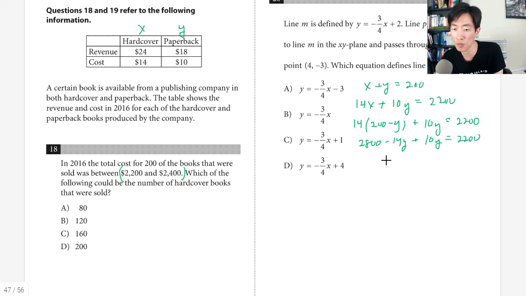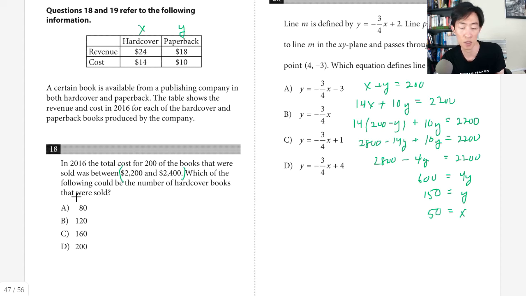Simplify this, it becomes 2800 minus 4Y equals 2200. Add 4Y to both sides and subtract 2200 from both sides. We're left with 600. Divide by 4 on both sides. Y is going to be equal to 150, and that means X is going to be equal to 50.